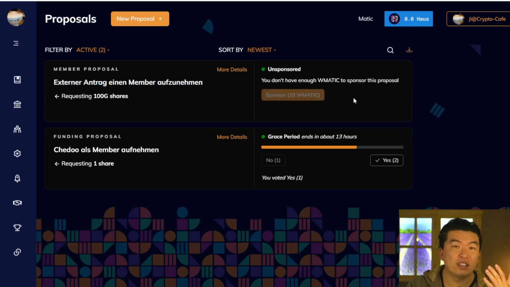So it is the risk of the person putting down the money that this vote goes through, because if this doesn't go through, if he put down the money and this proposal gets rejected, then he loses this money. Of course, the money is not lost completely, because it basically just goes straight into the treasury of the DAO.